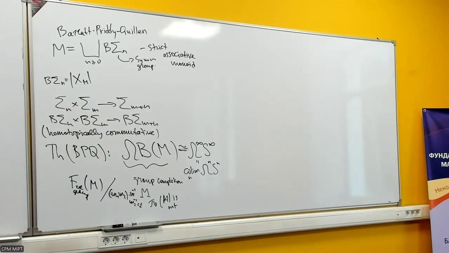So then you impose all relations which you have in this monoid, and then it's actually a group. And this is some canonical thing.